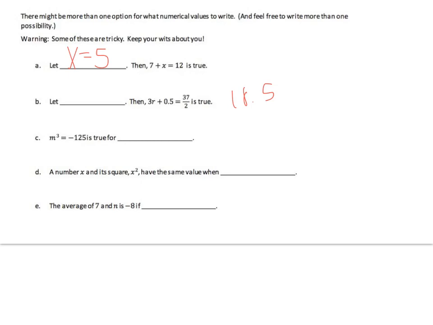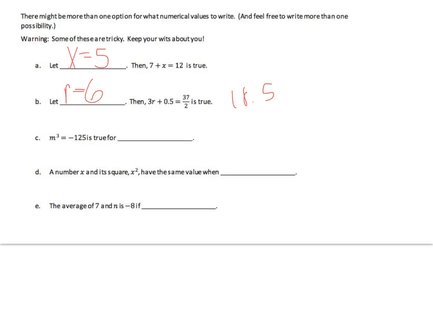So 3r plus 0.5, what is r? Well, if I take away the 0.5, I've got 18. What times 3 is 18? If we let r equal 6, 3 times 6 is 18, plus 0.5 equals 37 over 2, which is 18.5.